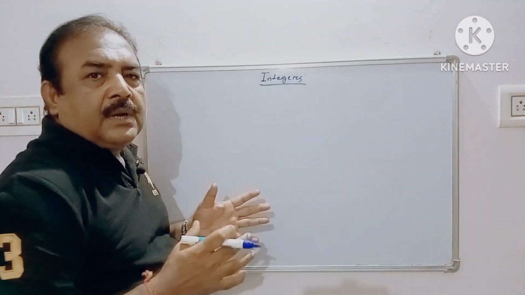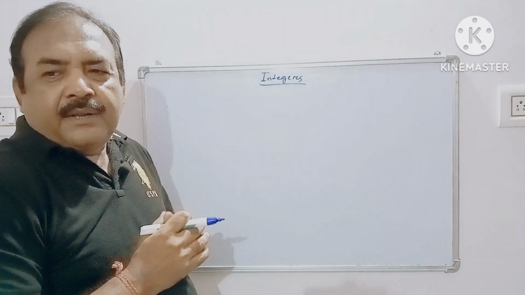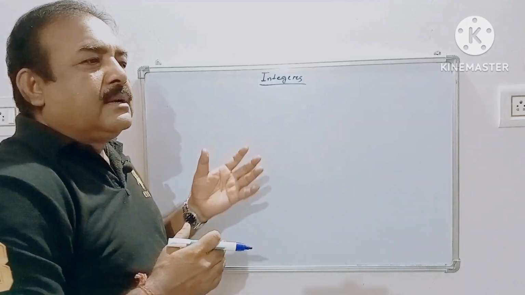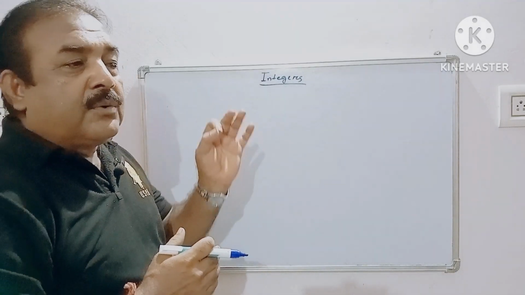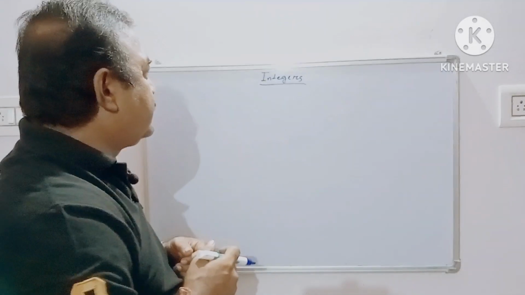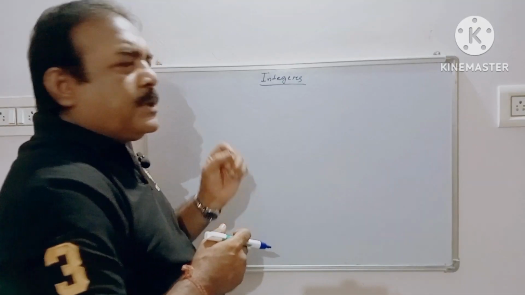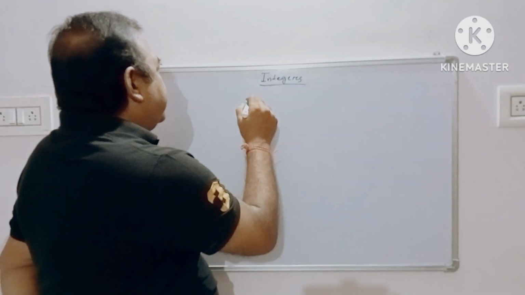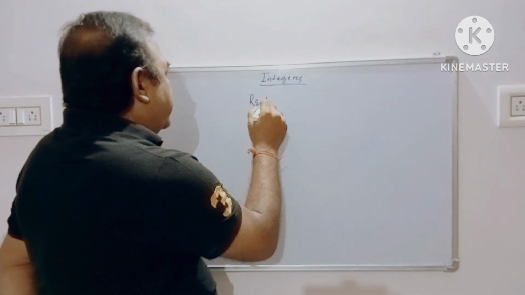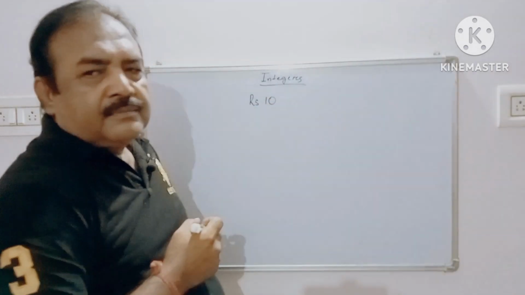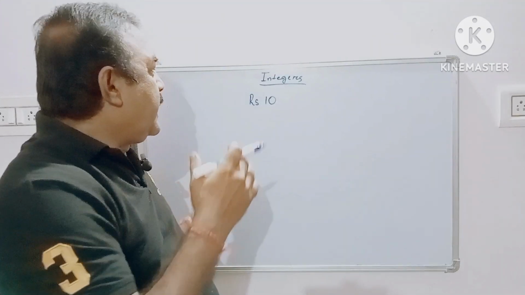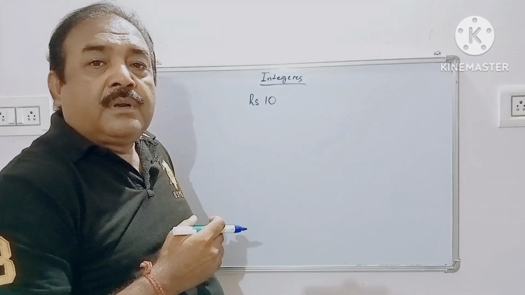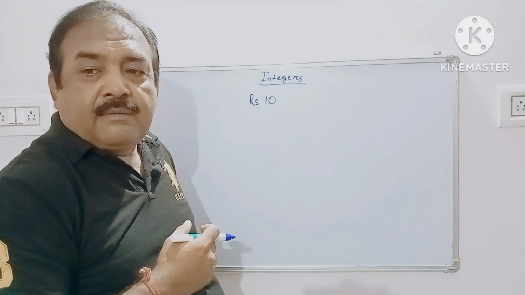Suppose you have gone to a shop for marketing. You want to buy an article. Suppose you want to buy a pen and you have taken 10 rupees with you. So you asked the shopkeeper, what is the cost of the pen?